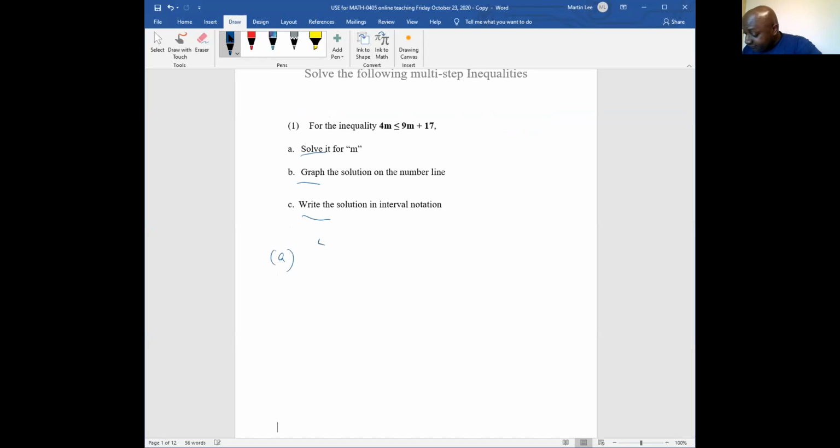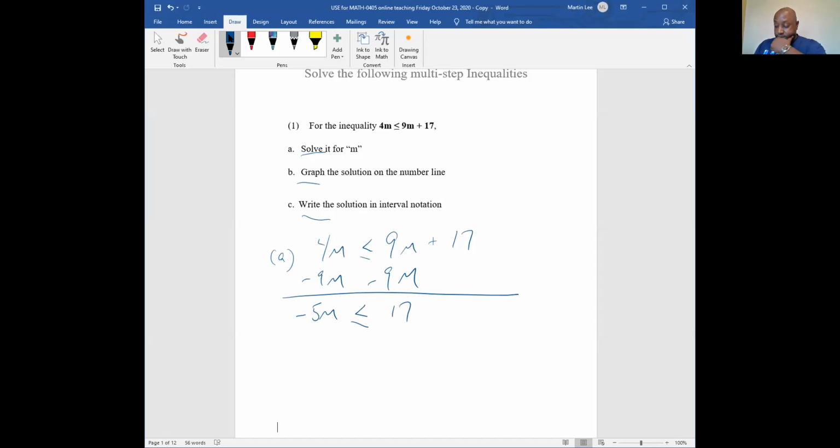For A, we have 4m is less than or equal to 9m plus 17. Everything with an m, we want to bring to the left-hand side, so we subtract 9m from both sides. On the left-hand side, 4m minus 9m is negative 5m, and that's less than or equal to 17.